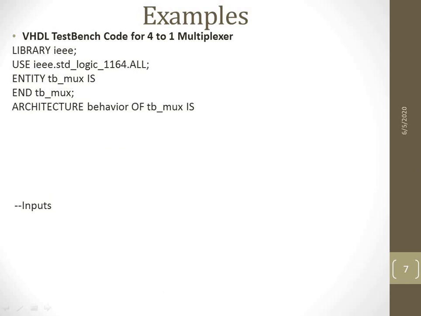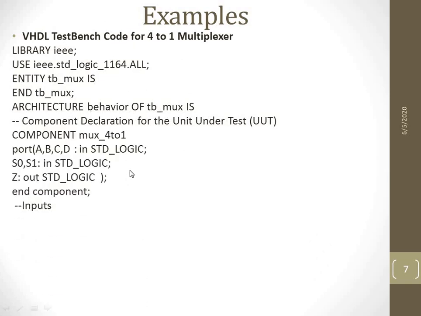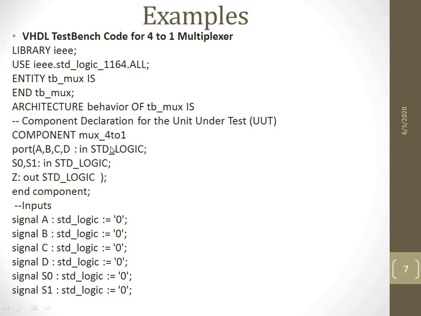In the architecture, declare the component: the same 4 to 1 mux VHDL code which we have written should be declared as a component. You can see here the same as it is. All of A, B, C, D, S0, S1 and Z are to be declared as signals, because the test bench entity doesn't have any ports.